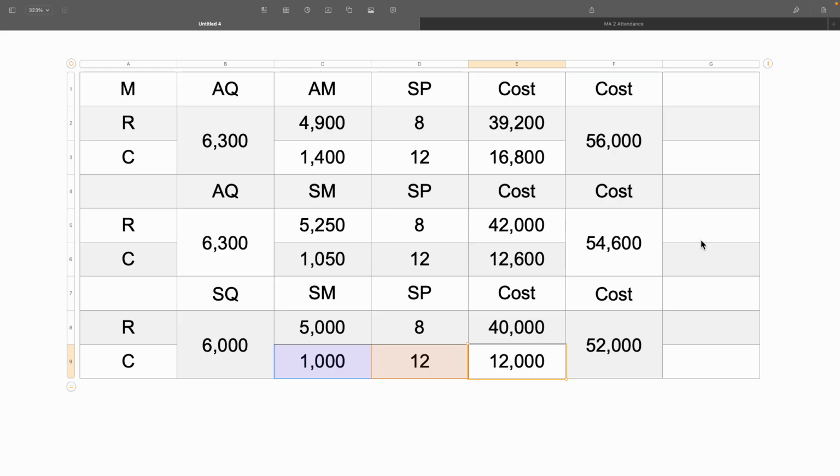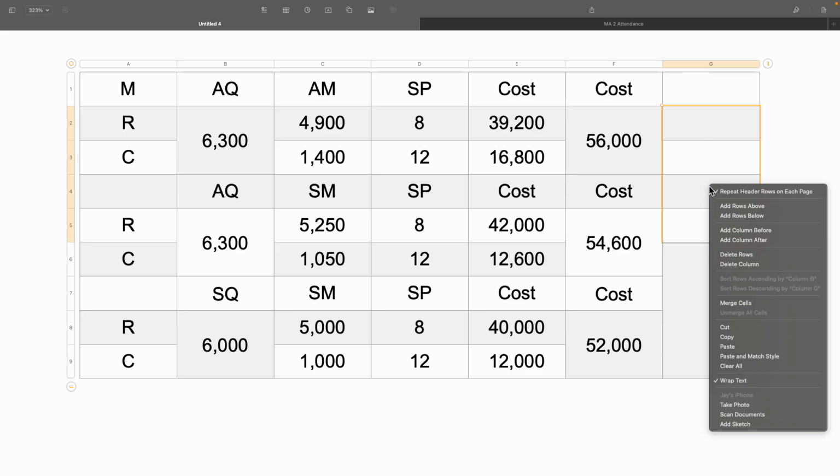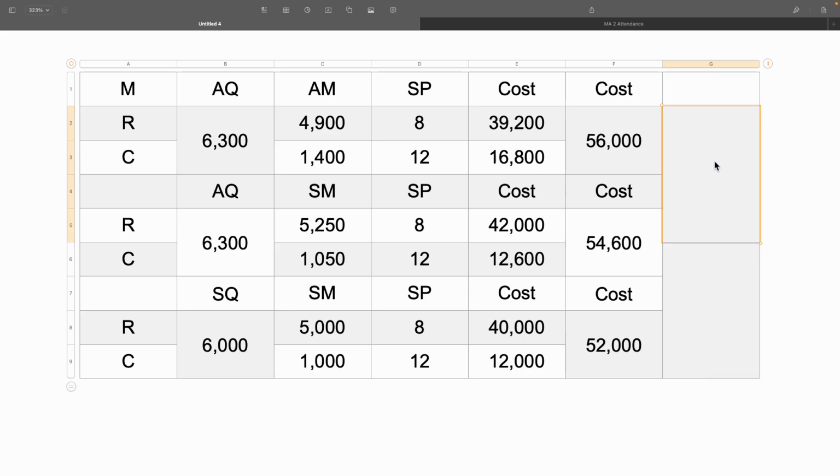Which means you can now combine these two, and you can combine these two, you will get a variance. Okay, what is the variance that you can get here? The variance that you get here is going to be, well, 56,000 actually spent, should have spent 54,600. That's going to be 1,400 different, this one is adverse.